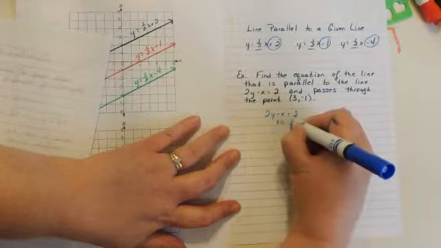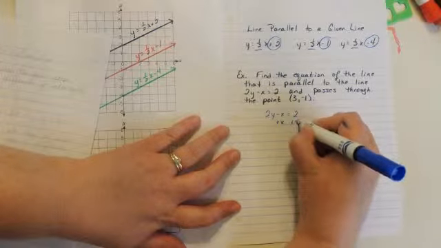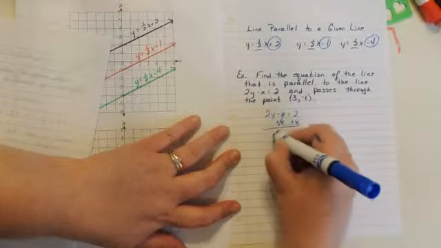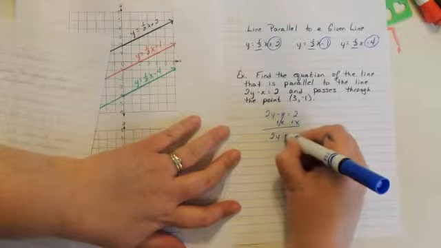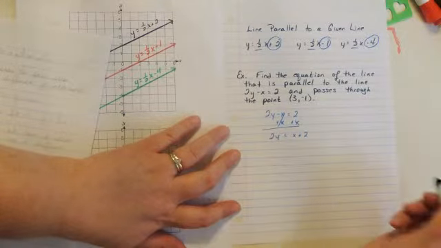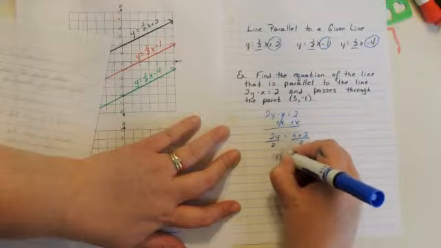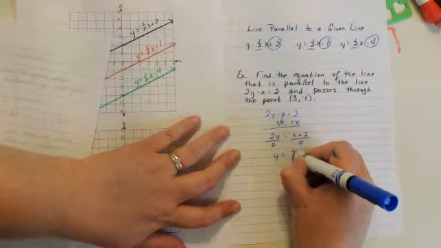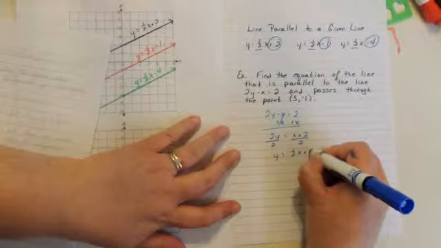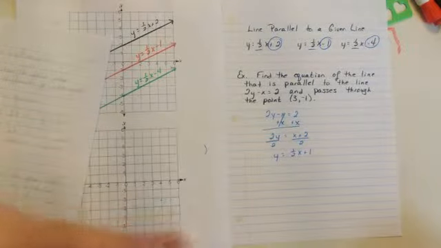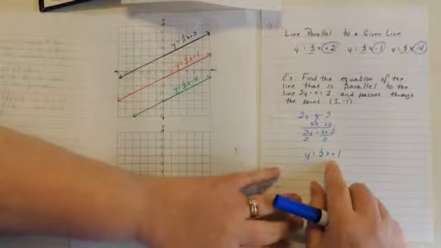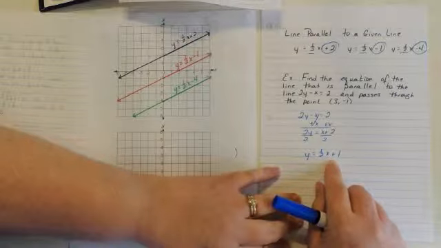Let's move this x over. And we have 2y equals x plus 2. Divide all the terms by 2, and we get y equals 1/2 x plus 1. Okay, this is the equation of the original line.